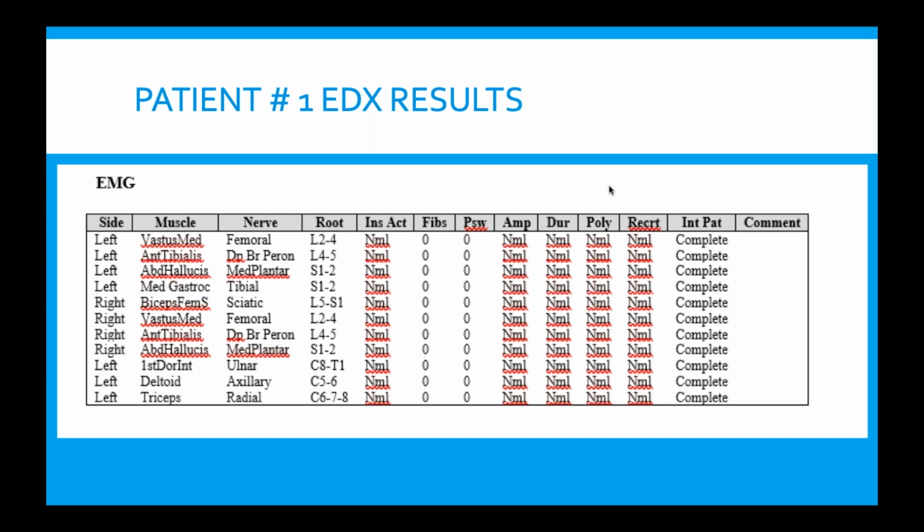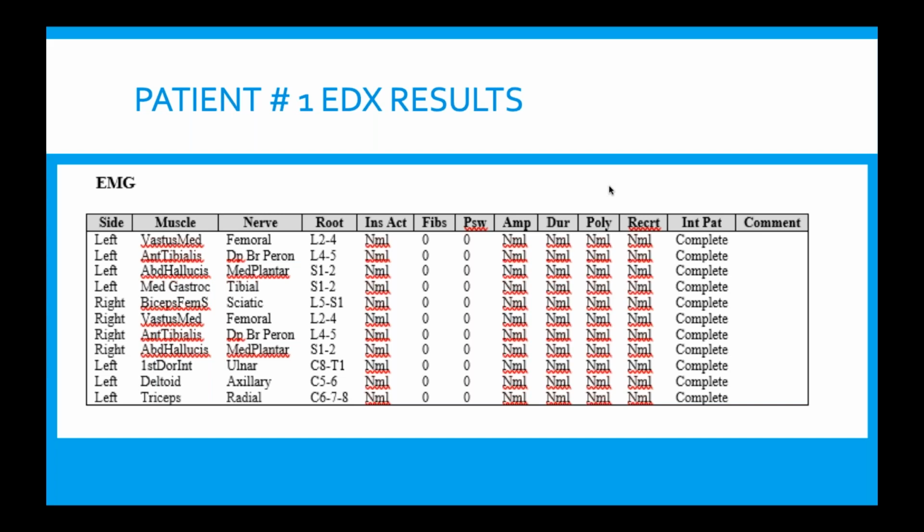So I did want to check a distal foot and a distal hand muscle. I chose the abductor hallucis on both sides, but both sides were completely normal as far as the EMG exam, both the bilateral lower extremities and the left upper extremity, which I checked.